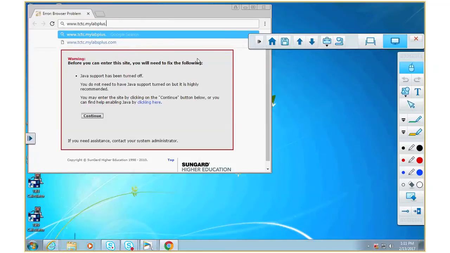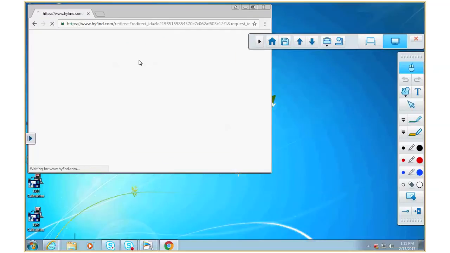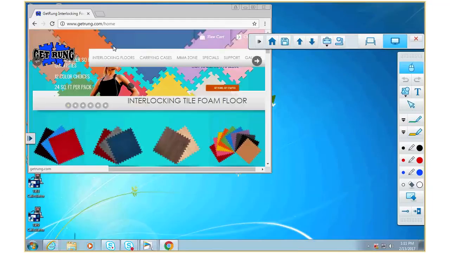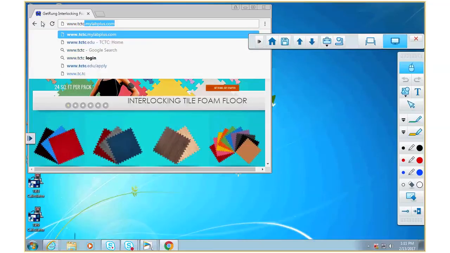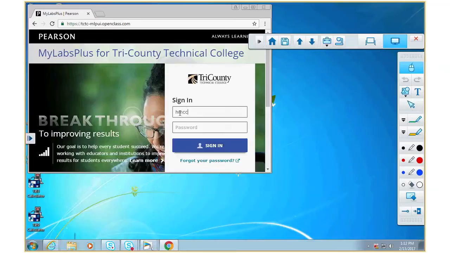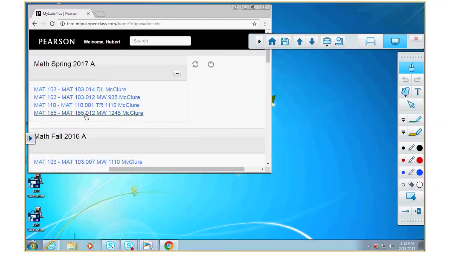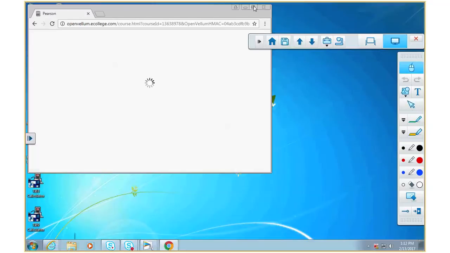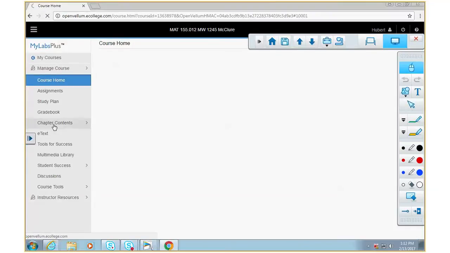Yep, don't even try, just quit. www.tctc.mylabsplus.com. And whenever MyLabs Plus acts a little weird, the first thing you need to do is switch search engine, so that usually fixes it.